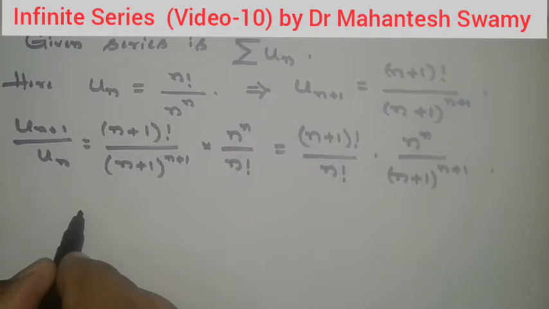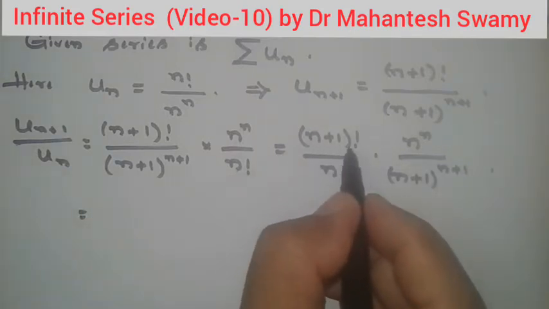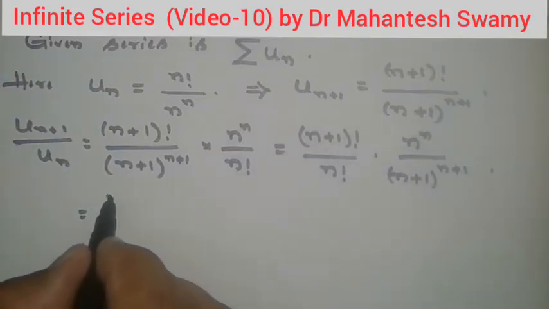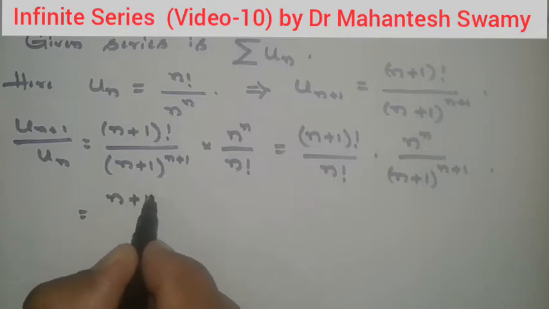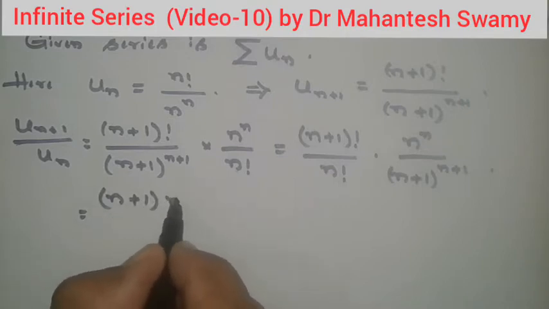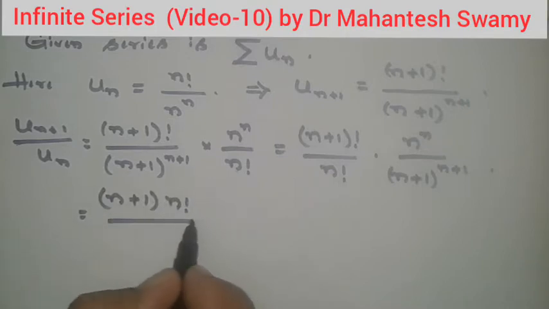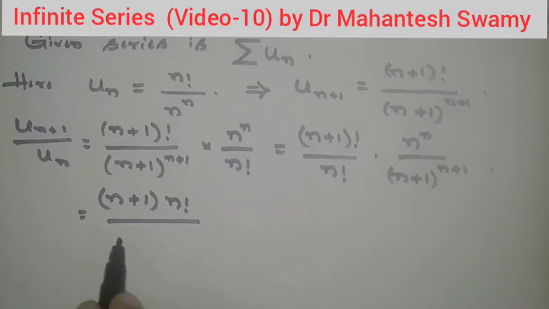Now this is equal to, again n plus 1 factorial can be written as n plus 1 into n factorial, because one can write 4 factorial as 4 into 3 factorial, or 4 into 3 into 2 factorial, or 4 into 3 into 2 into 1. So that is the traditional way of writing the factorial.